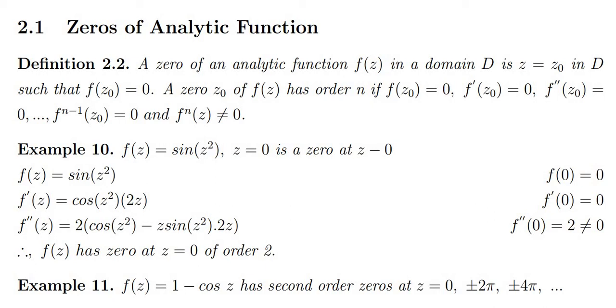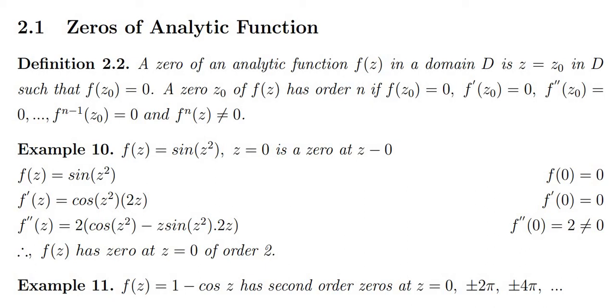For example, take the function f of z equal to sine of z square. z equal to 0 is a zero of this function. Now if we look at the derivatives of f of z at 0, we see that the first order derivative of f of z at 0 is 0, but the second order derivative is not equal to 0.